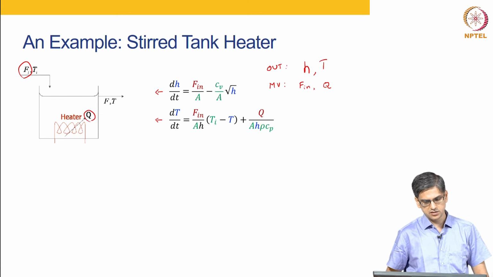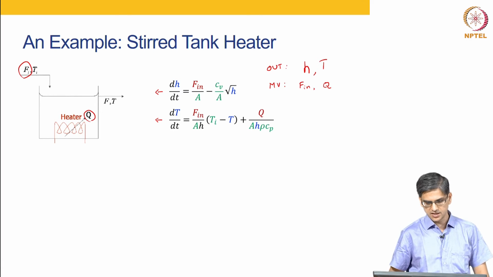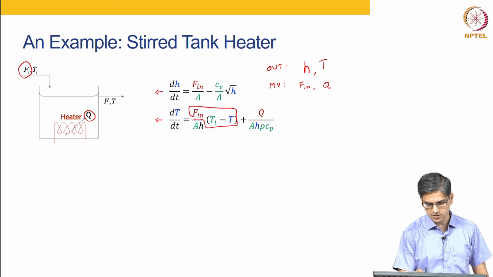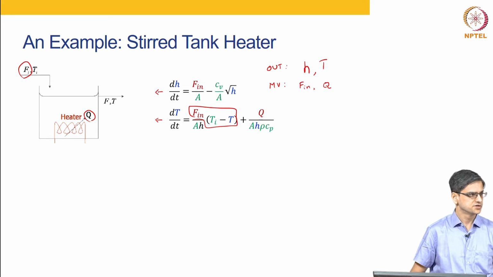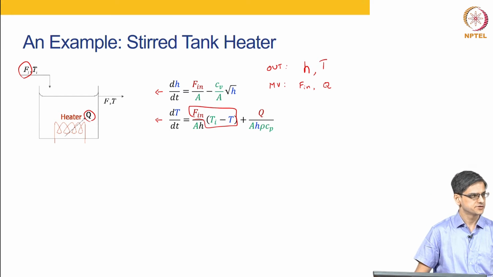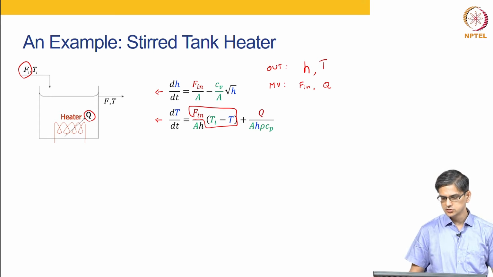Here you can quite easily see that this is non-linear. Why is this non-linear? Again, you have A H in the denominator, that is one part where the non-linearity comes from, and the bilinearity comes from this particular product, which is F multiplied by temperature.